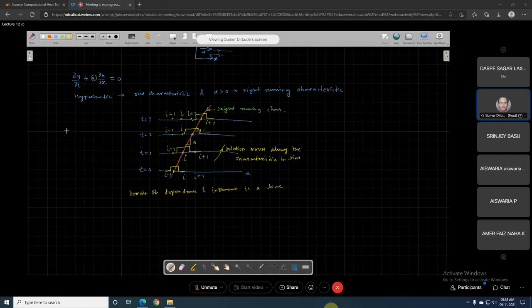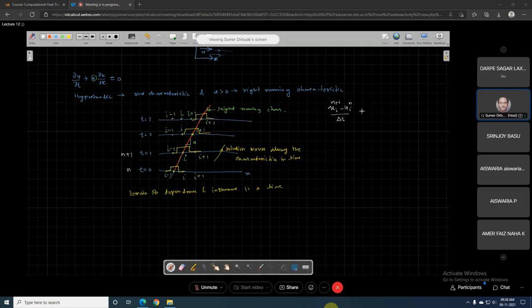So in this case, suppose I have to write a discrete form of this. I can write u at I minus u at I, and while writing this, I can write n plus 1 and n, because I want to find out the n plus 1 value. n plus 1 is a new time value, and n is an old time value.